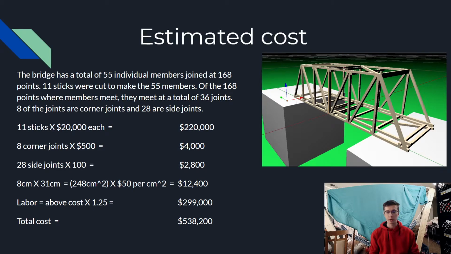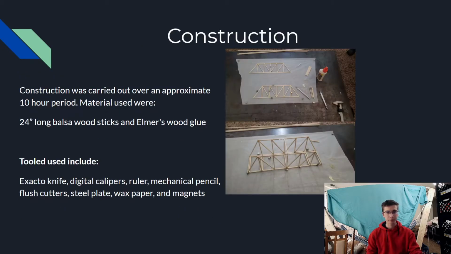And like I said, using the software made this much easier. Now, for this design, 11 sticks were used, and there are 28 side joints and 8 corner joints. And you can see the total cost is $538,200. So well below the $4 million goal.